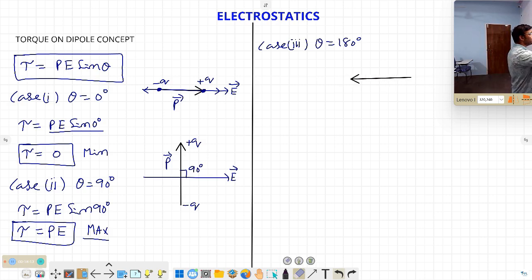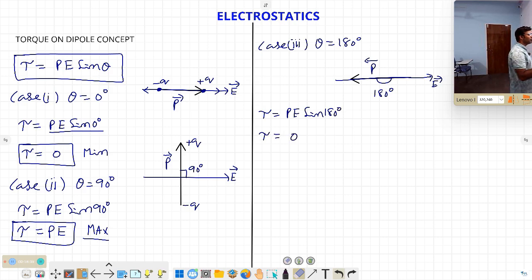Electric field is left to right, dipole moment is right to left. Both are opposite. In this case, the angle between these two will be 180 degrees. So torque is equal to P into E into sine 180. What is the sine 180 value? Sine 0 is 0, and sine 180 also will be 0.